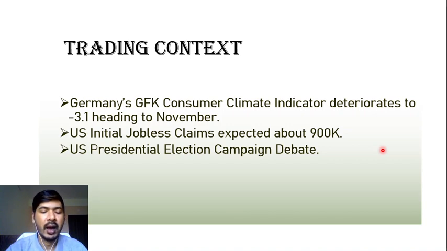So let's see how the administration will handle the newly rising cases, and the effective response is going to play a vital role there.